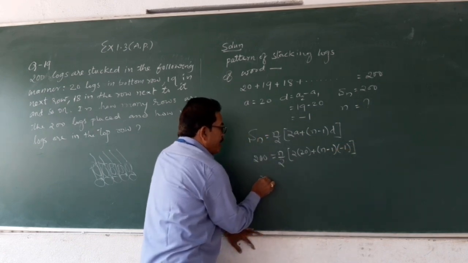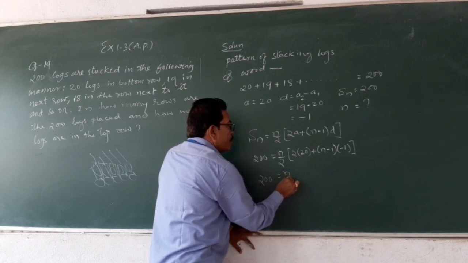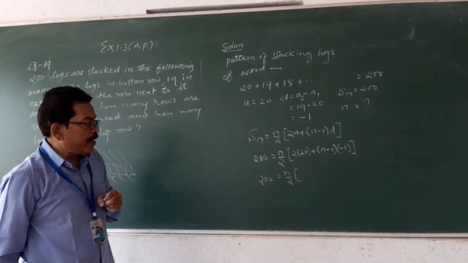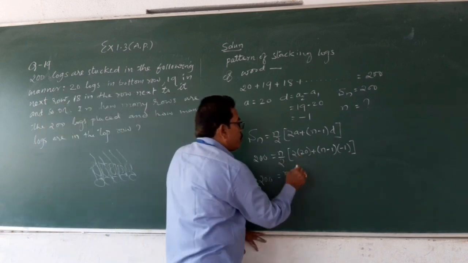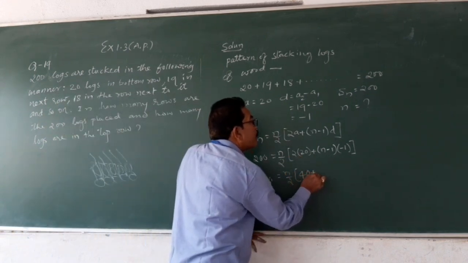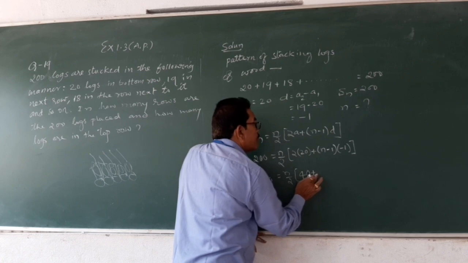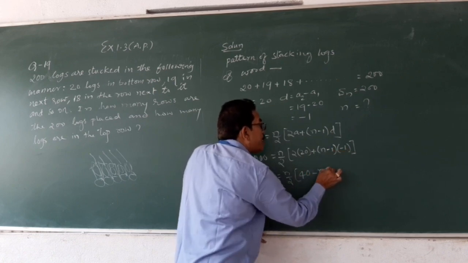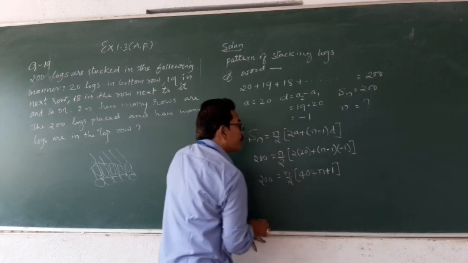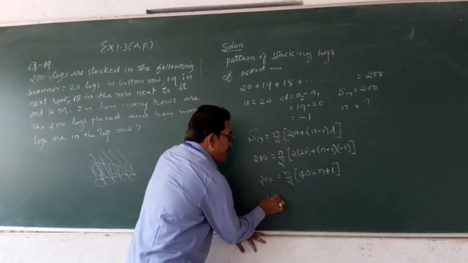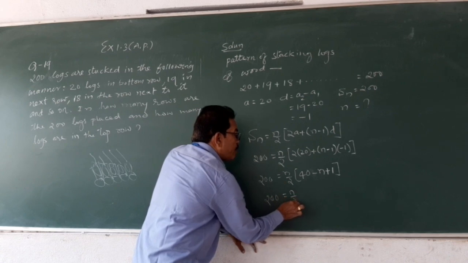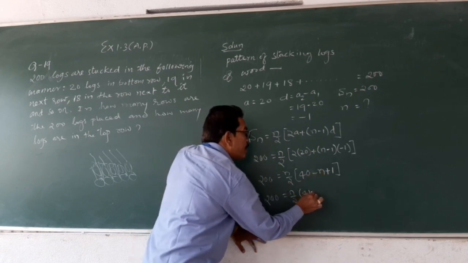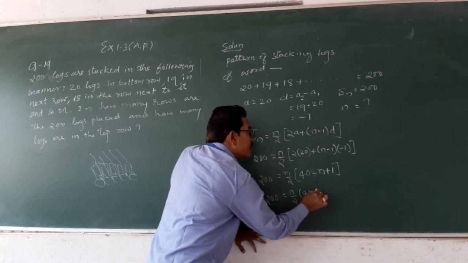So 200 equals n by 2, 40 plus into minus, that is minus n, minus into minus plus 1. So 200 equals n by 2, 41 minus n.